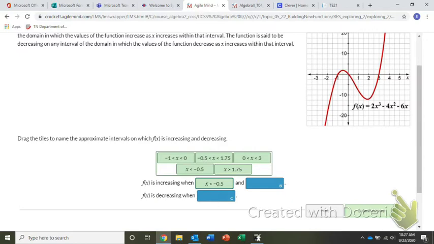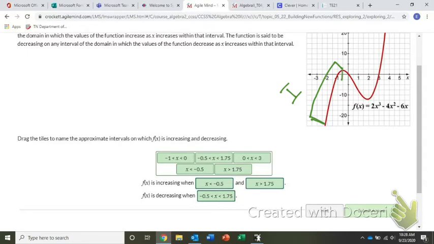Then, from negative 0.5 to approximately 1.75 is when it decreases. Then it picks up where we left off at 1.75. And all of our values are greater than that. So, here to here, we are increasing.